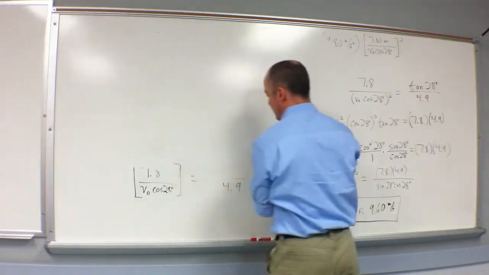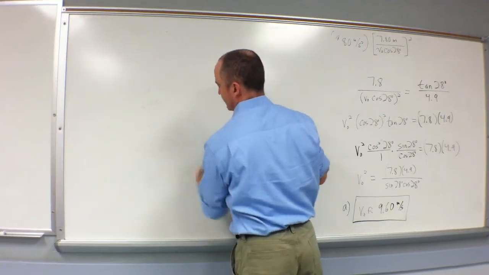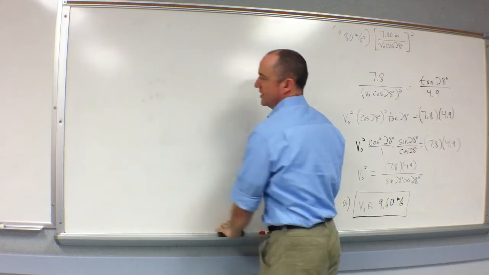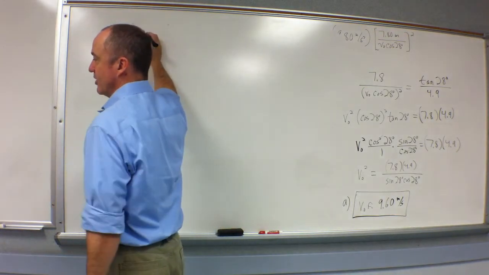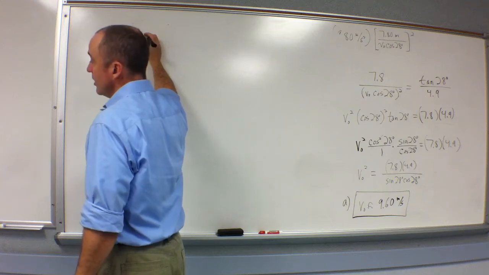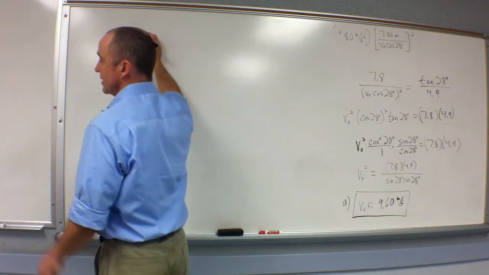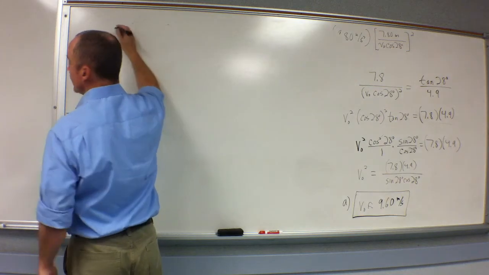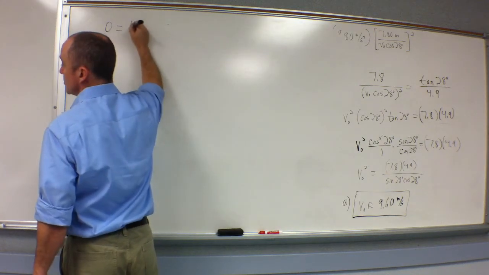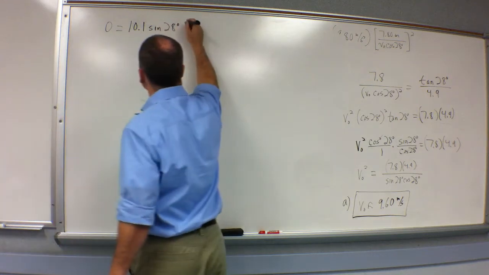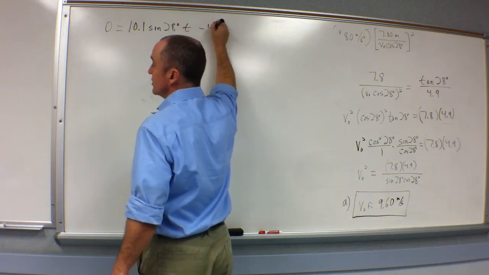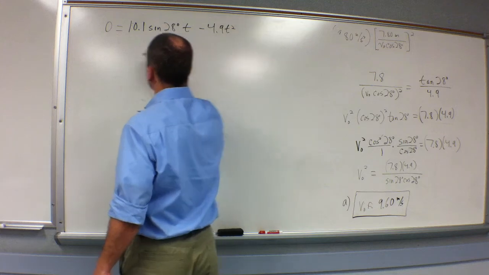And when I give you guys the range equation, you'll be very annoyed that I did this the long way today. But I want you guys to get this part down, understand how these two work independently. Okay, so once again I'm going to get 0 equals 10.1 sine 28 degrees t minus 4.9 t squared.